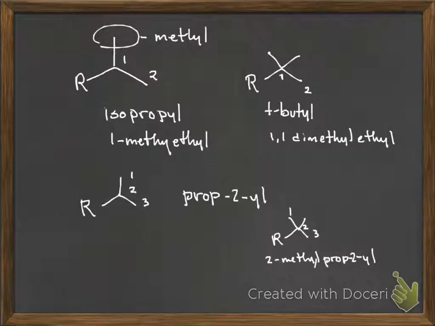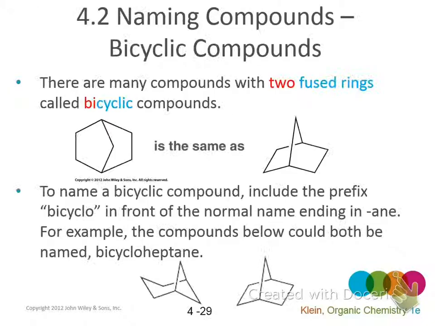And yl indicates it's a substituent, and it's connected at the number 2 carbon, and there's also a methyl group there. Okay. Questions? All right. Let me pause for a second.